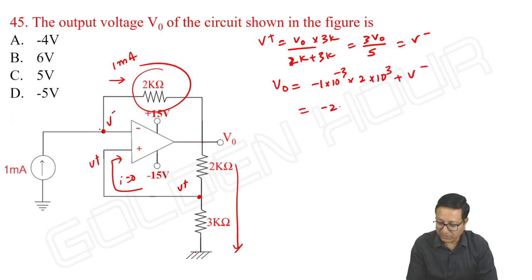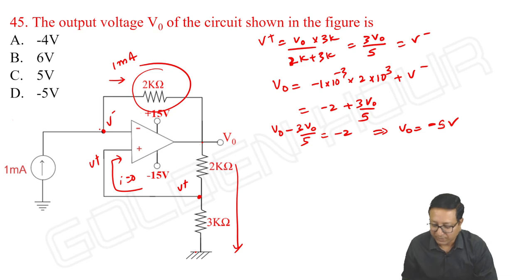So it is minus 2 plus 3 V output by 5. So V output minus 3 V output by 5 is equal to minus 2. It is 2 V output by 5 is equal to minus 2. So V output is equal to minus 5 volt. I am directly writing it. So option D is correct.